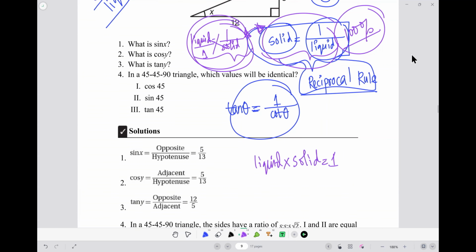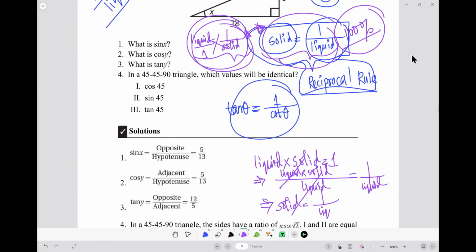Now according to the rules of equation, divide each term by liquid: solid times liquid over liquid equals 1 by liquid. Now this liquid and liquid cancel, and after vanishing them, solid becomes 1 by liquid. You got it or not?